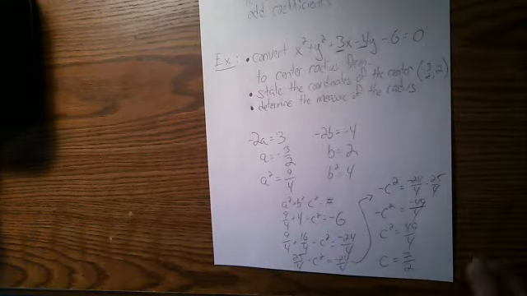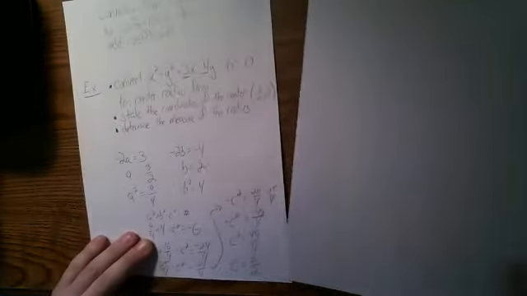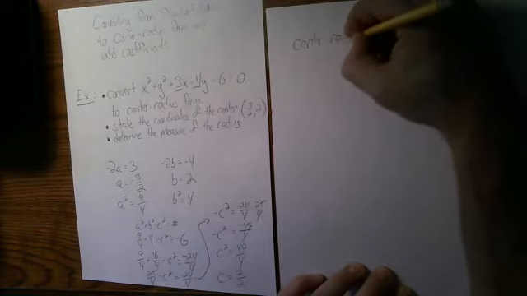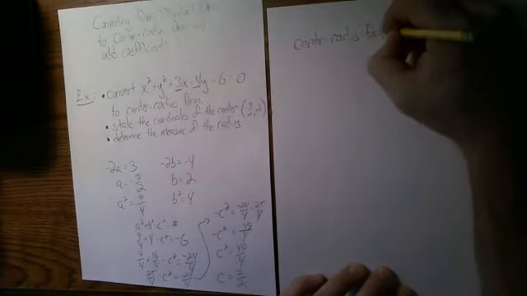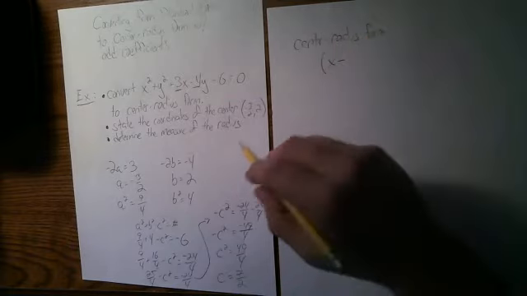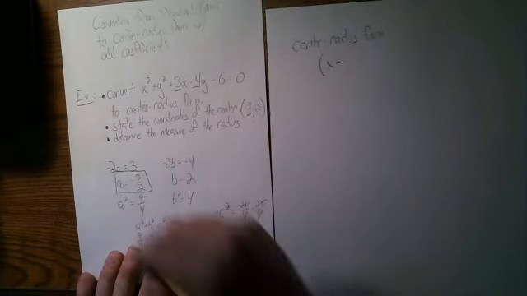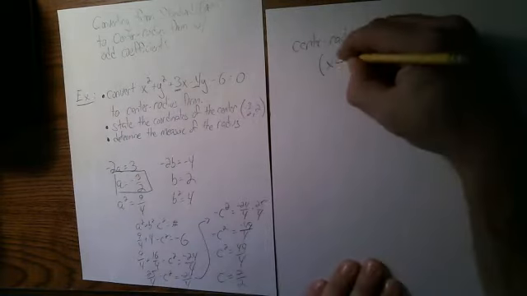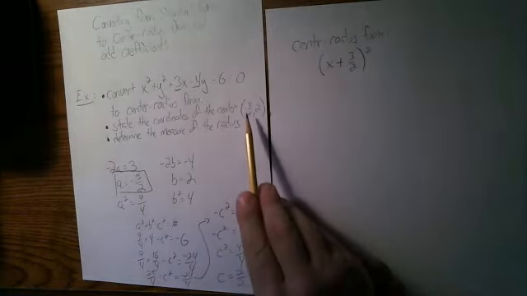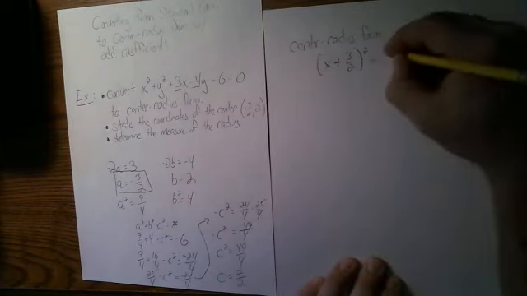So the center radius form of this circle is x minus a, minus is positive, so plus 3/2 squared, or take a look at the coordinates of the center and make them the opposite sign in the equation.